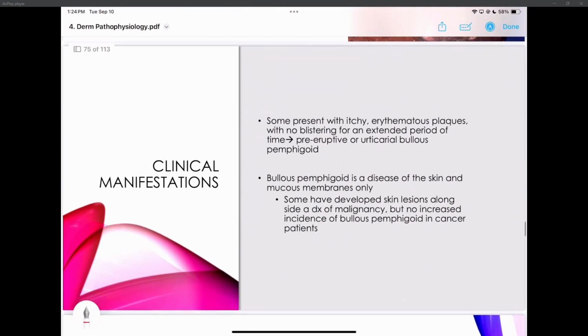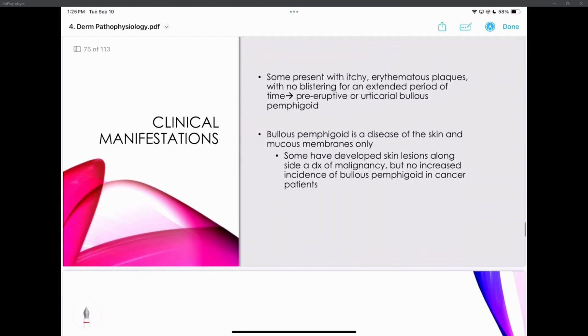Clinical manifestations: some will have itchy erythematous plaques with no blistering for a certain amount of time. That's called pre-eruptive or urticarial. So urticaria, those wheals. Itchiness, erythematous plaques, no blistering. That's the first thing that's going to happen.